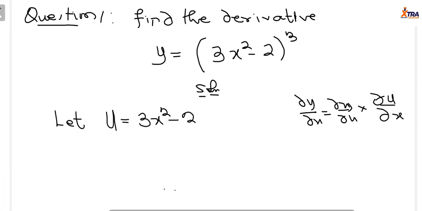So it means I have to differentiate u with respect to x. So I have du over dx, which is equal to, now you have to differentiate each one of these, just like the one we did, the differentiation of a sum, where you have to differentiate the terms one after the other.